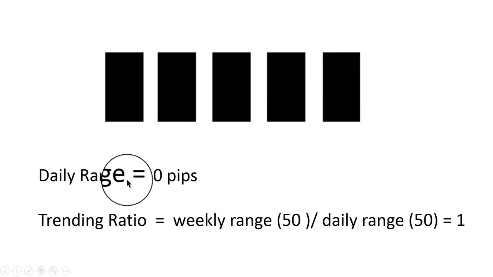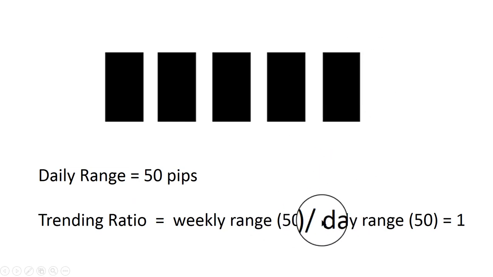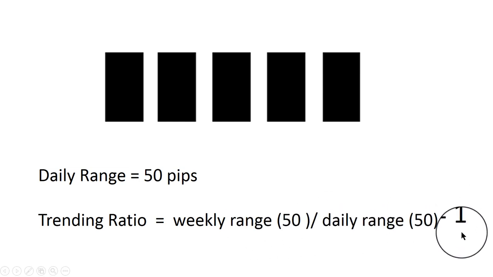So we would say the daily range is 50 pips, but then we'd say, what is the trending ratio of this currency? The weekly range is 50. The daily range is 50. You divide the two, and you get 1. So the trending ratio for this particular currency would be 1.